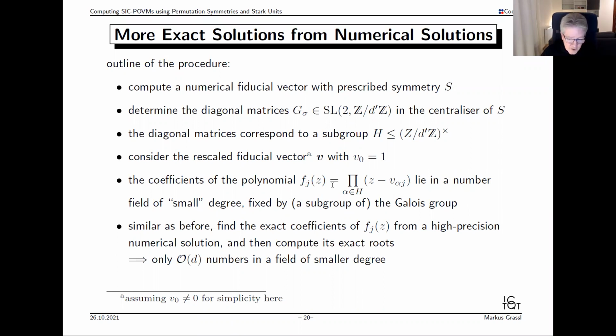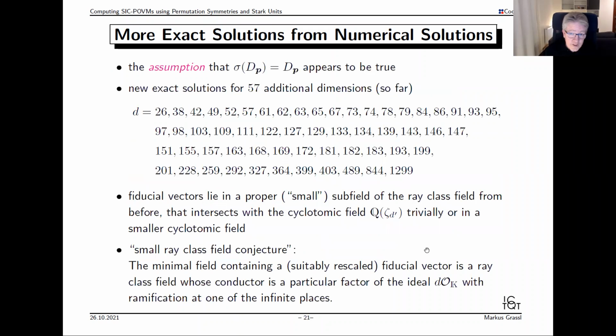The advantage of that method is that we only have on the order of d instead of d squared numbers, and also the field we are working with is a field of smaller degree. So using this method, it turns out that the assumption we made appears to be true for the dimensions where we applied it.